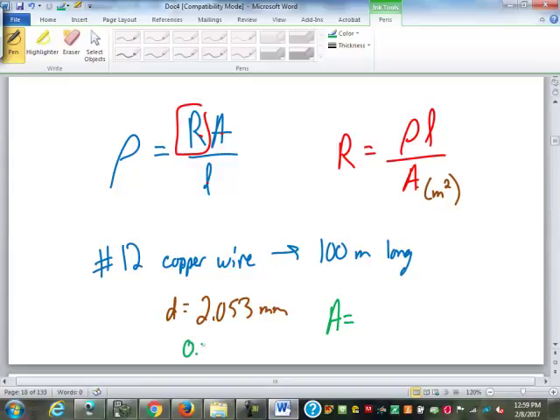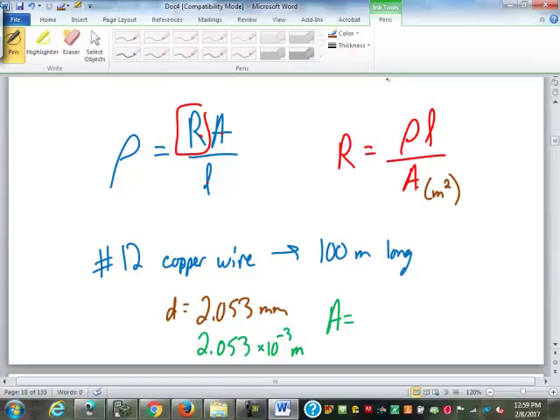Did you guys learn engineering notation last semester, scientific notation? A little bit? Okay. Milli is 10 to the negative 3 meters. A millimeter is 10 to the negative 3 meters. If I square that, that would be 10 to the negative 6, right?